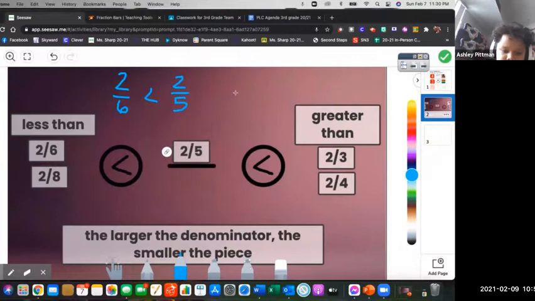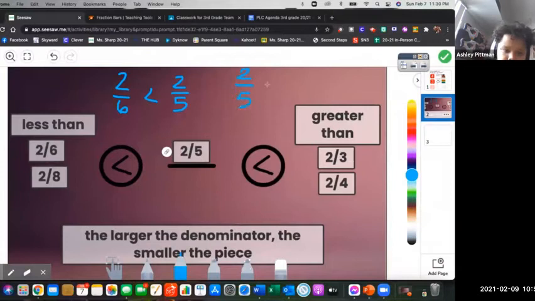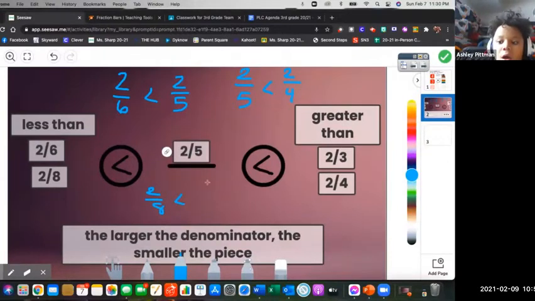I could say that 2/5 is less than one of these. Let's pick 2/4. I could also use one from here and one from here and say that 2/8 is less than 2/3. And all of these statements would be true.